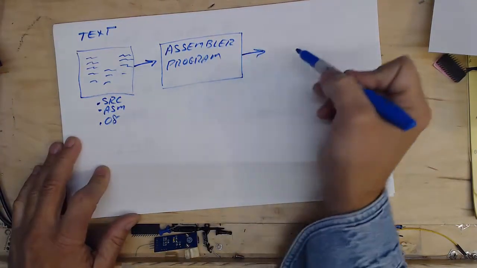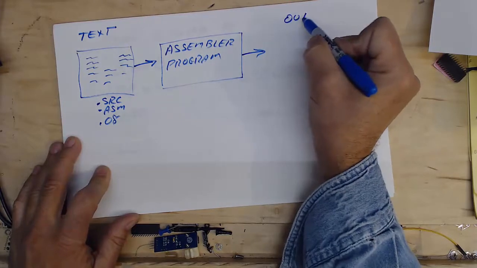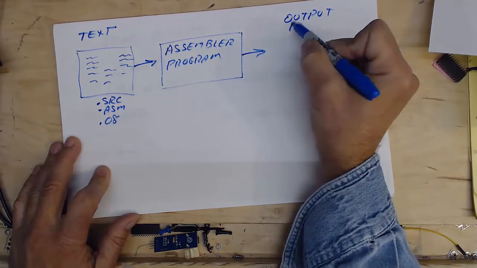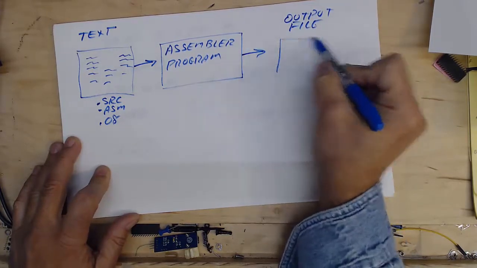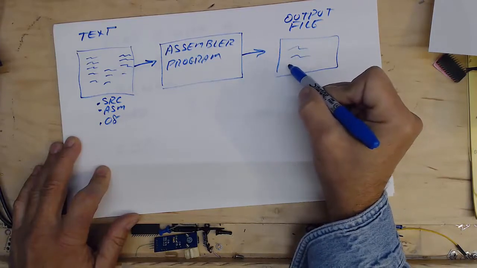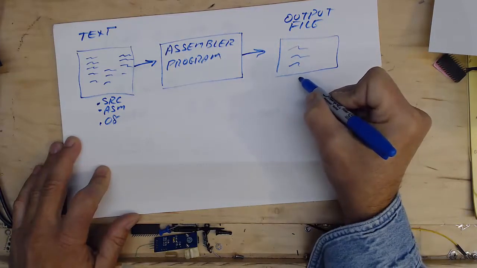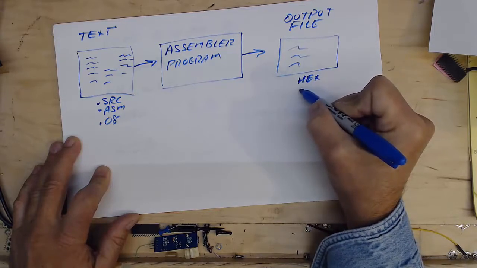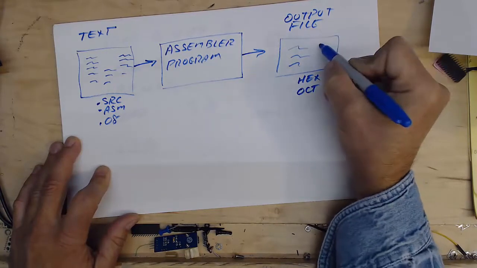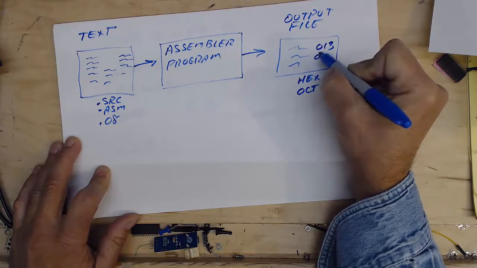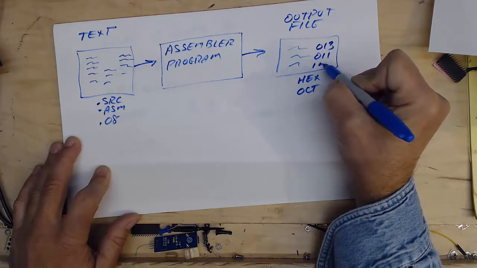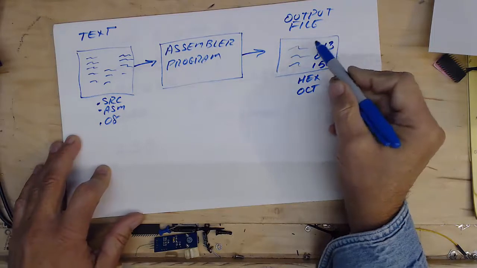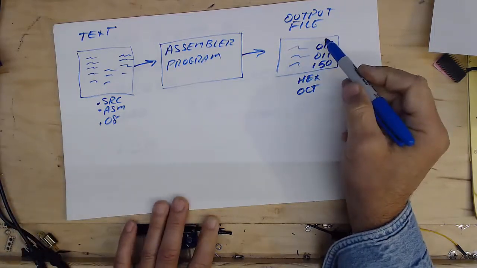It will output an output file, and this output file may be a hex file, or it may be an octal file, but it's going to have values in here that we can just read, and it's going to be easy for us to read this output file.